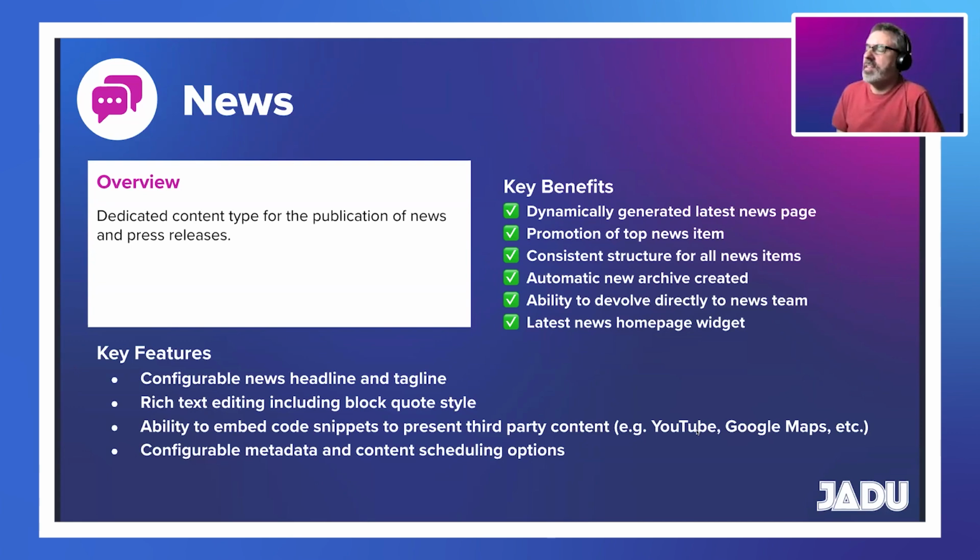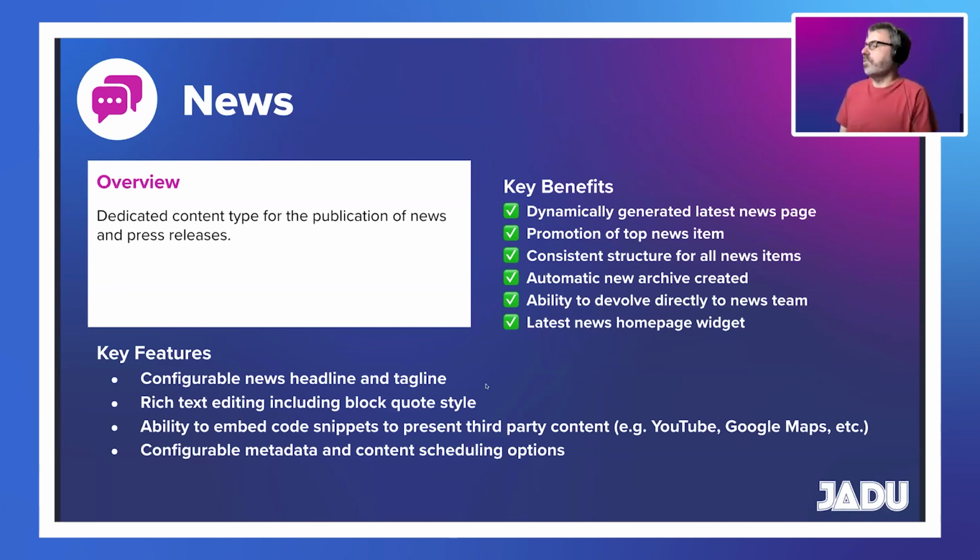As I said, it's consistent, so all your news items have a consistent structure and look and feel. There's also an automated news archive. So as news stories drop off the latest news page, they're put into the news archive. You can devolve news directly to your news team if you want to. And there's also a news widget that you can drop onto a homepage so that you can display your latest news on the main page.